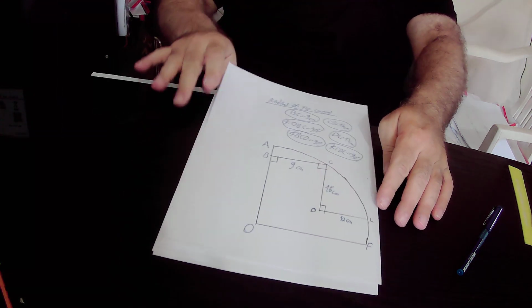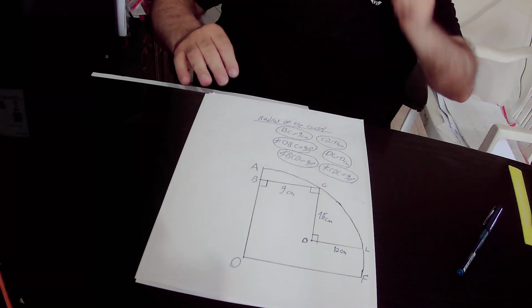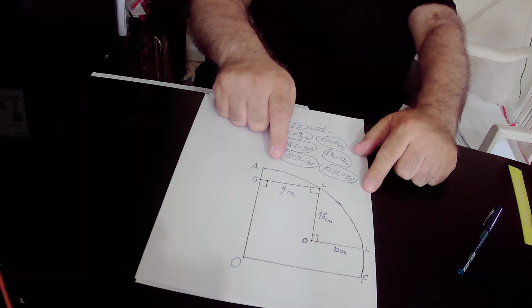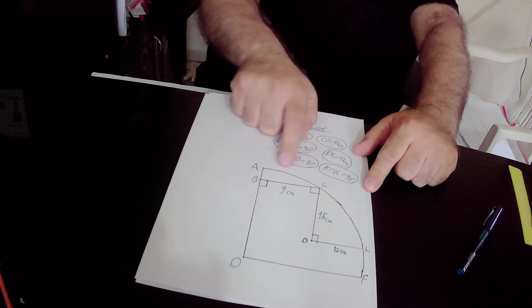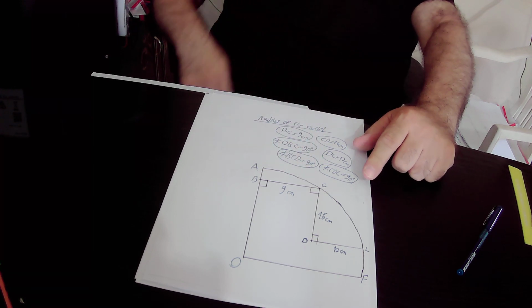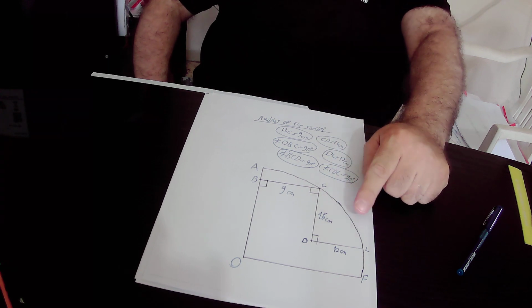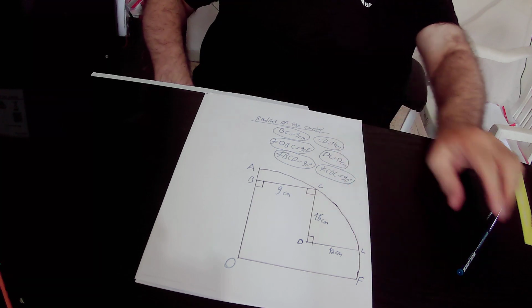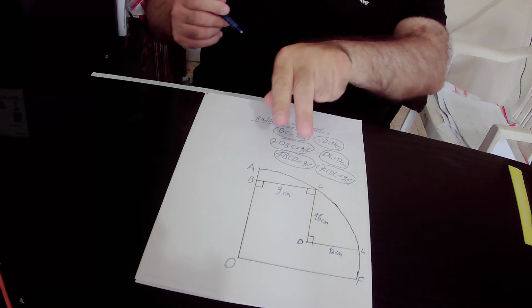In the drawing, we have a quarter circle. The line segment BC equals 9 units. Line segment CD equals 16 units. And line segment DL equals 12 units.